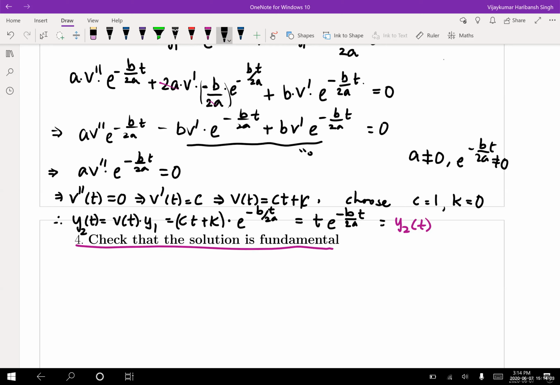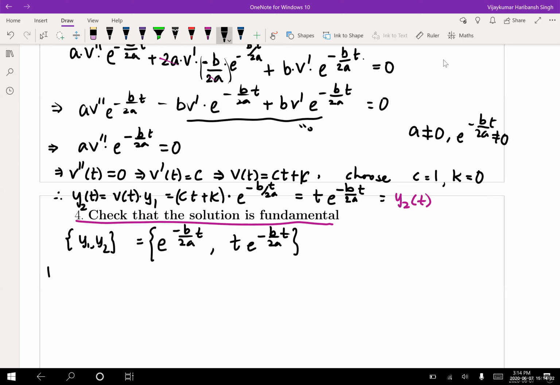The two solutions we got were y1, e to the power minus b by 2a t, and the next solution was t times e to the power minus b by 2a t, so we'll use the Wronskian to check if the solution is fundamental.